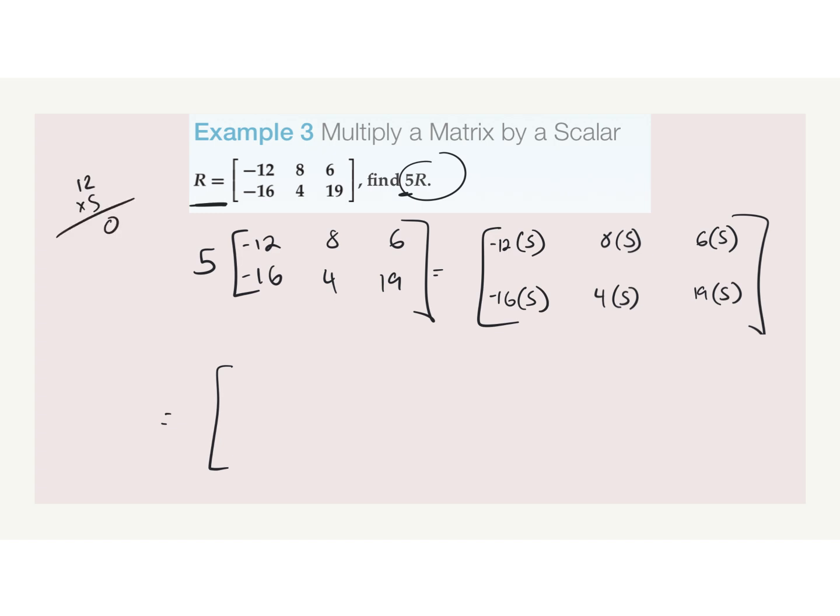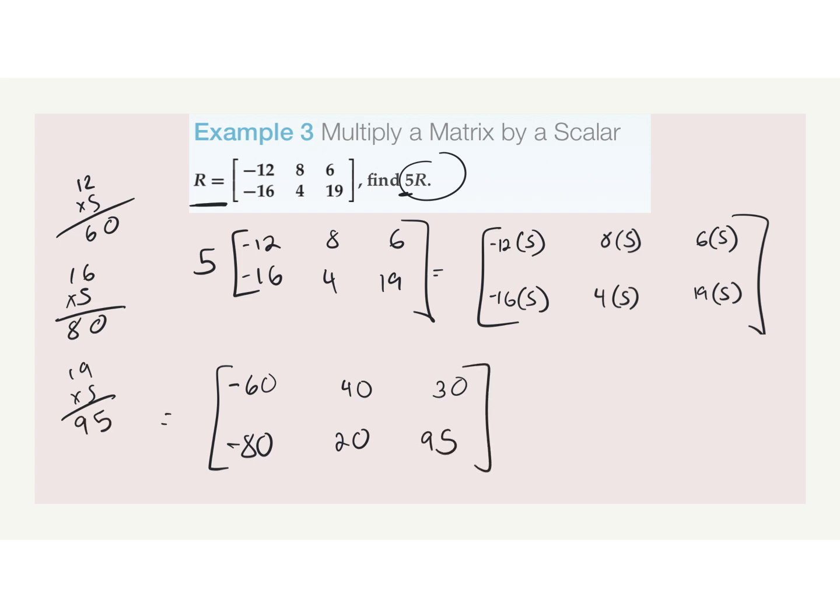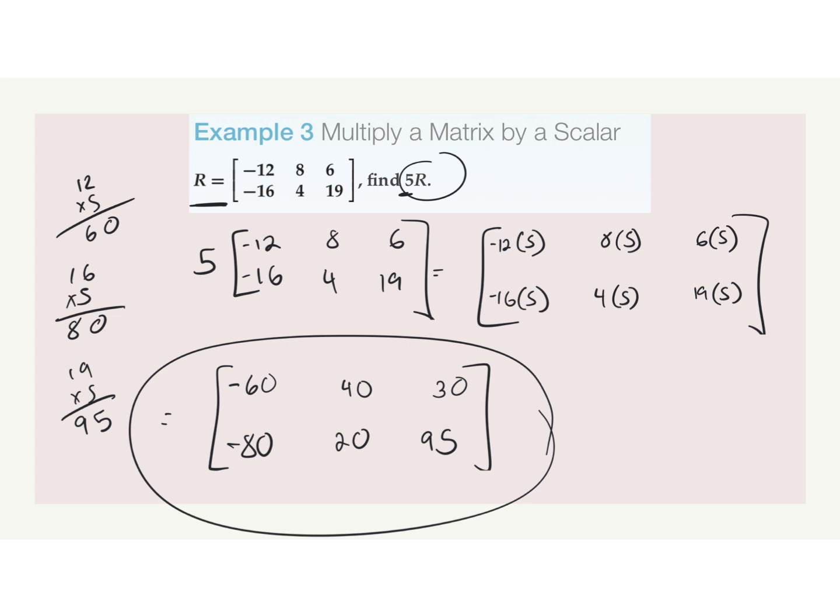Negative 12 times 5 is negative 60. 8 times 5 is 40. 6 times 5 is 30. Negative 16 times 5 is negative 80. This one's 20. And then 19 times 5 is 95. So your final answer matrix is this one. Yeah, you would put 5R equals, and then you keep going.